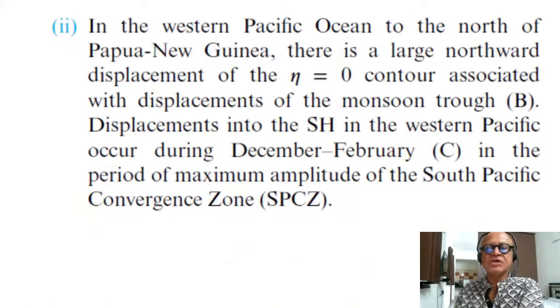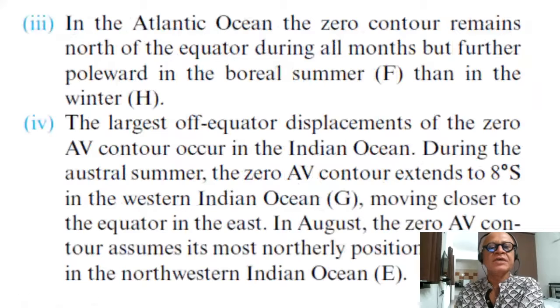Displacements into the southern hemisphere in the western Pacific occur during December, February, producing the great cloud band that we will look at again in the period of maximum amplitude of the South Pacific Convergence Zone, SPCZ. Okay. In the Atlantic Ocean, the 0 contour remains north of the equator during all months, but further poleward in the boreal summer than in the winter.